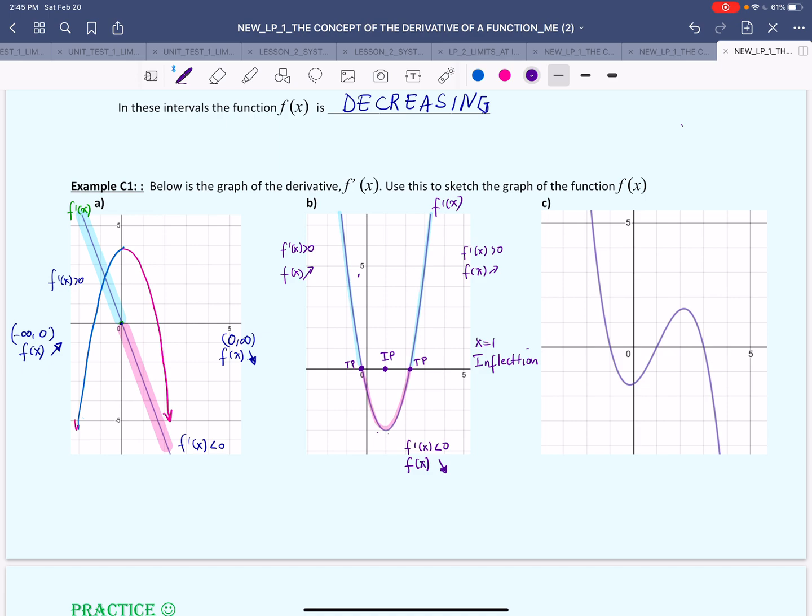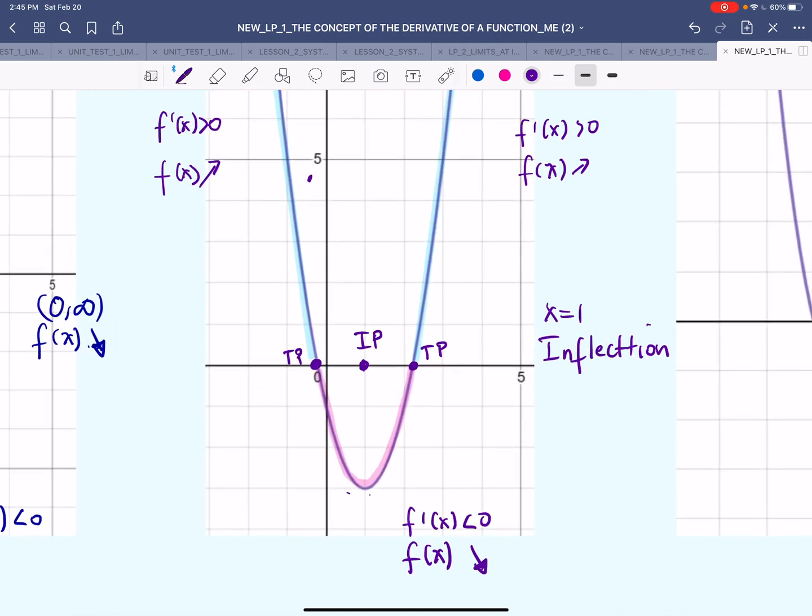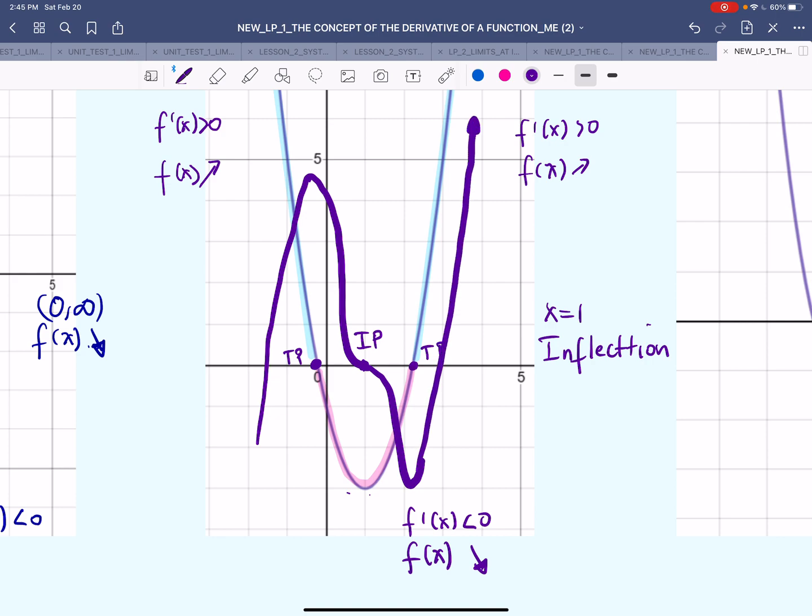So let me make this a little thicker. Oopsie. So, and here it starts picking up its speed, right? And here we go.